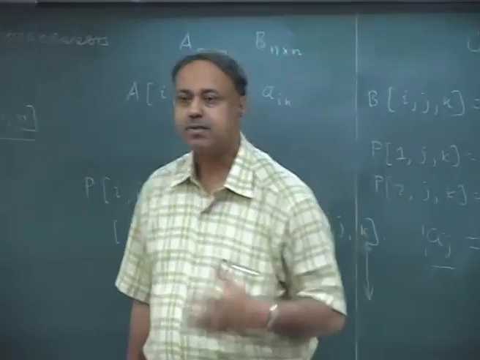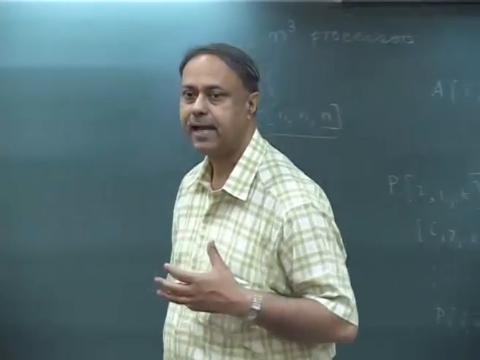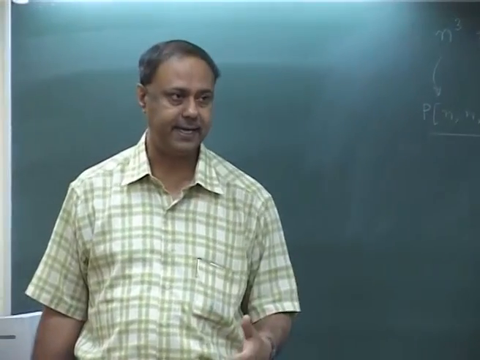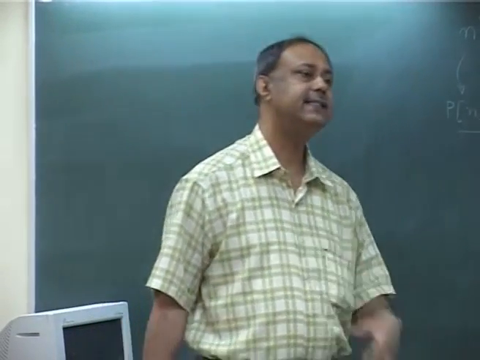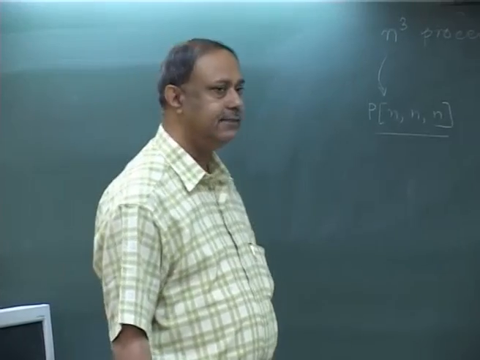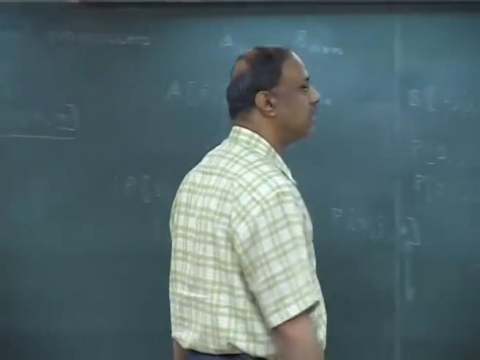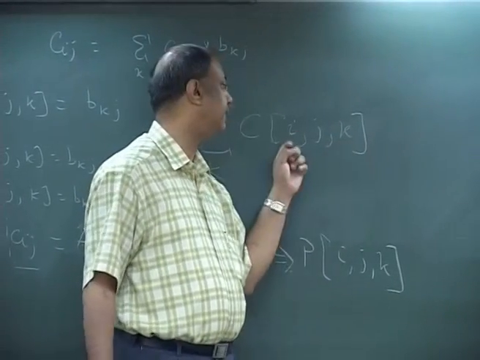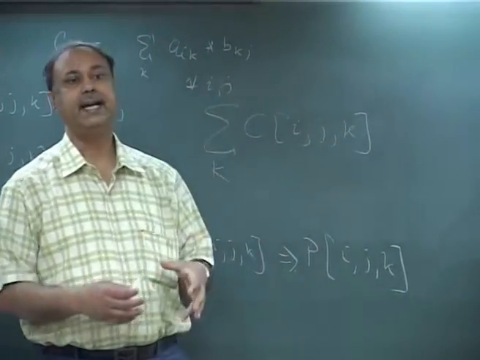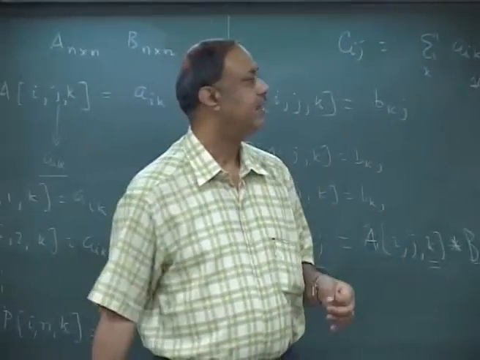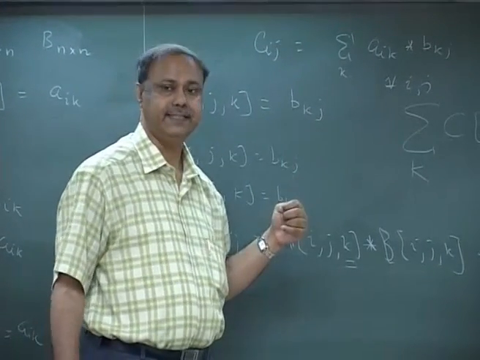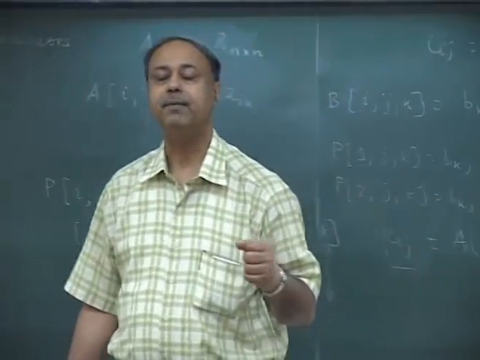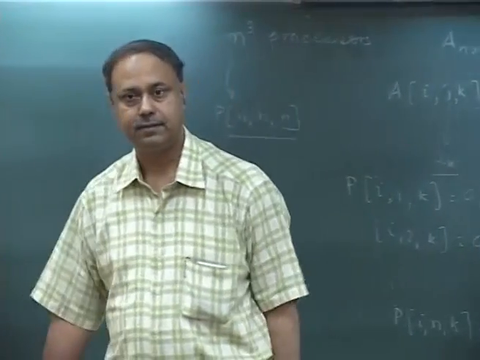Then the processor Pijk multiplies its Aij with Bij, stores the result in Cij. Then all the processors having different k but the same ij, they are added together and you get the Cij. That Cij is the ijth element of the multiplication. Okay?